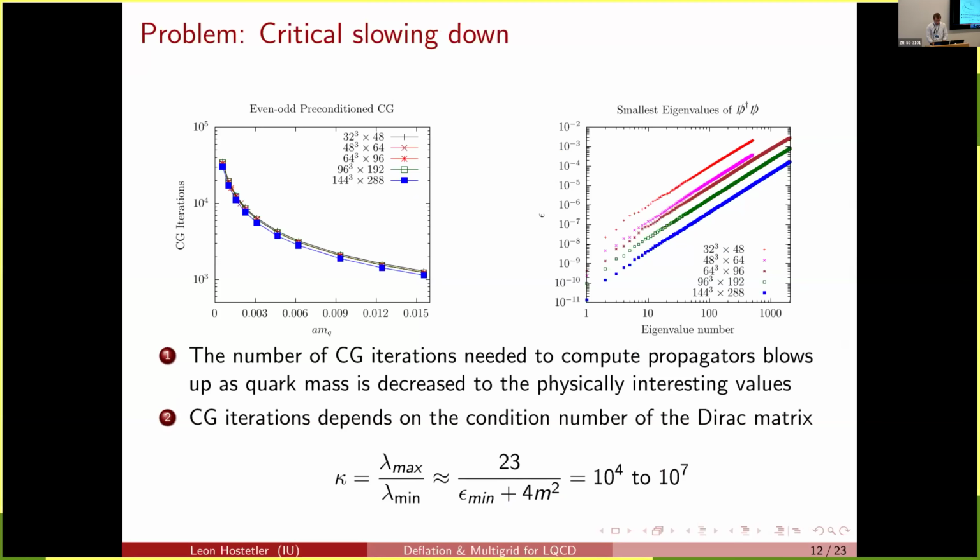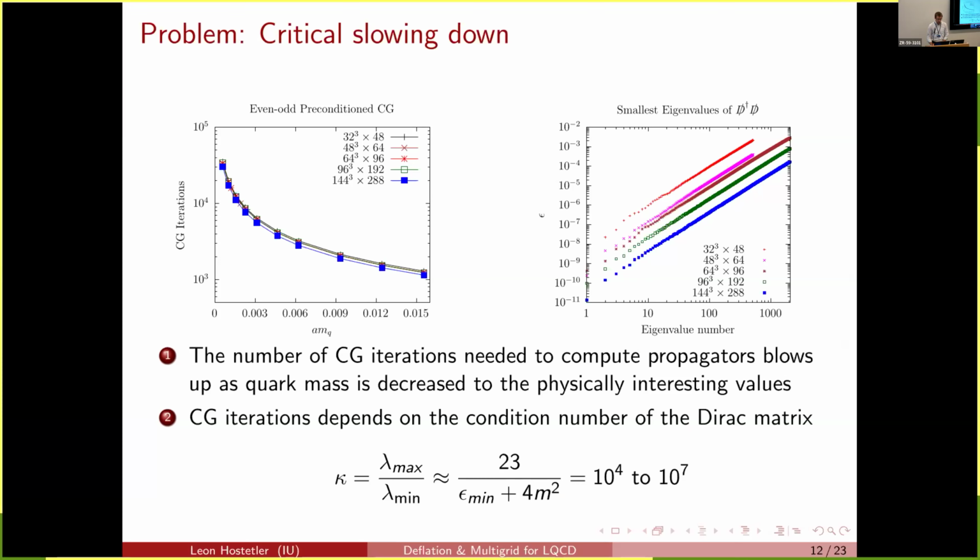So that leads us to our problem. In this plot on the left, I have the number of CG iterations needed to reach solution, plotted as a function of our quark mass. You'll see that the vertical axis is logarithmic.